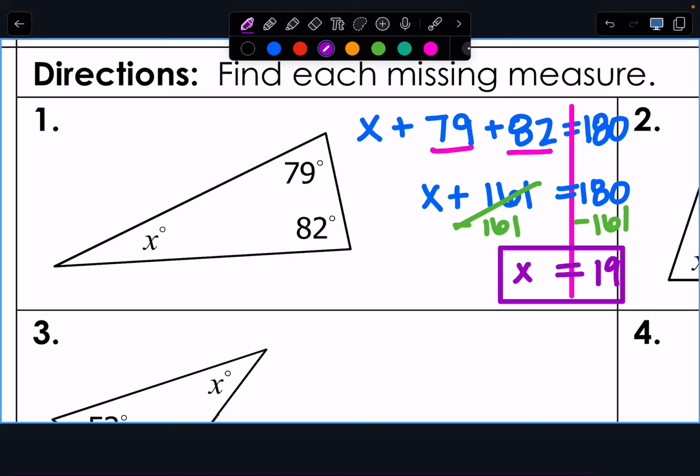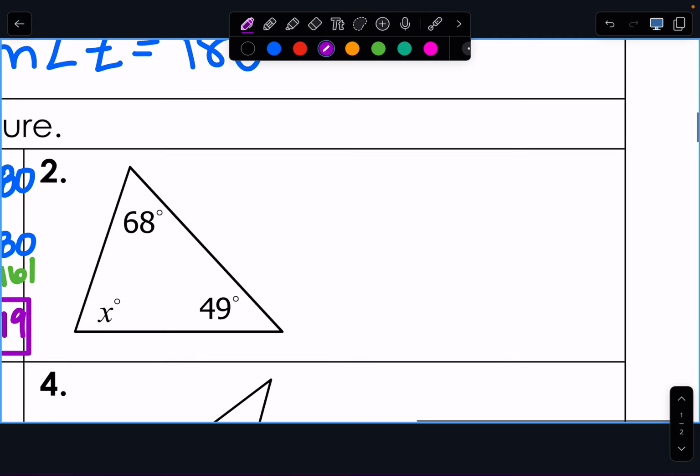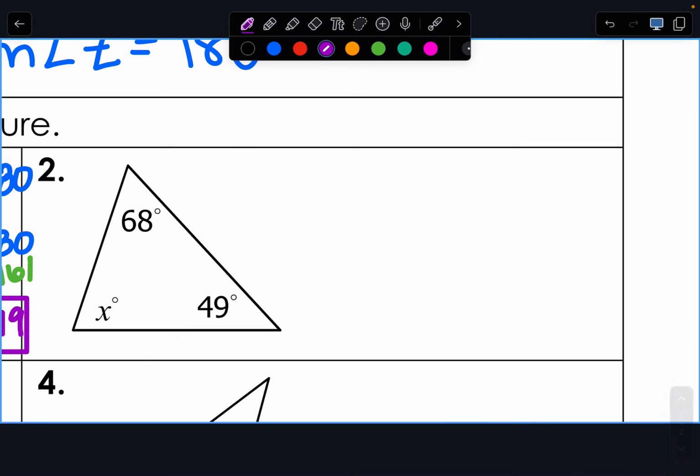How does that feel? Not so bad, right? Now, I know that some of you could punch it in your calculator and figure out that it's 19, but I need to see the setup, okay, with your work. That is important.